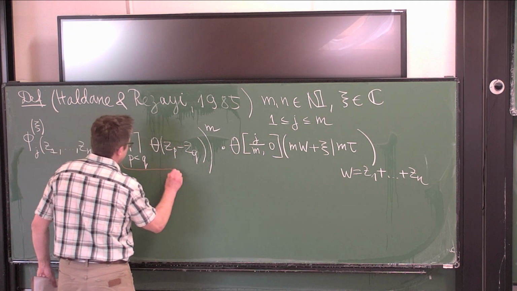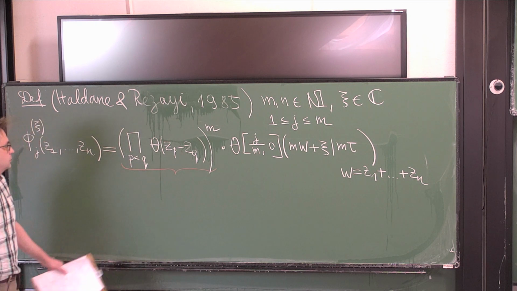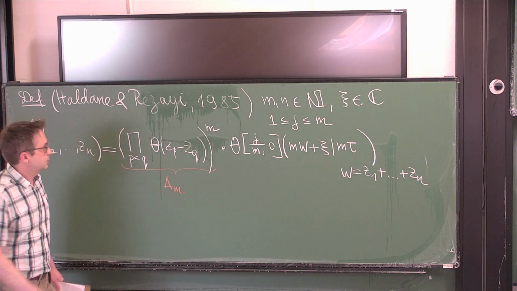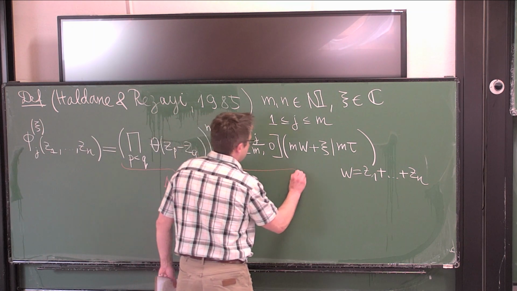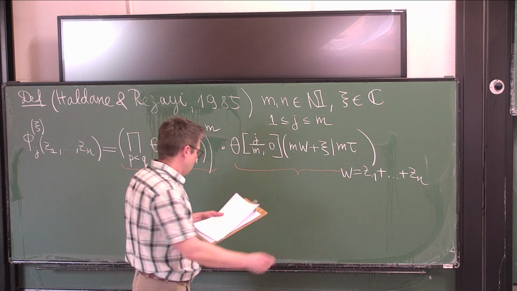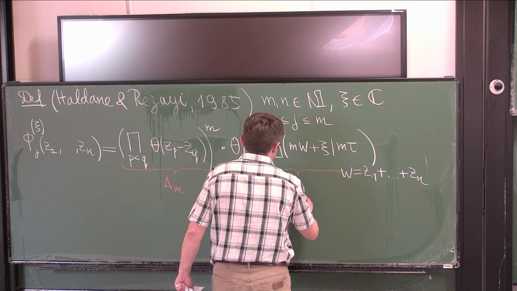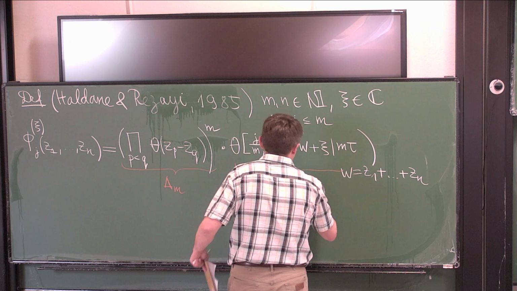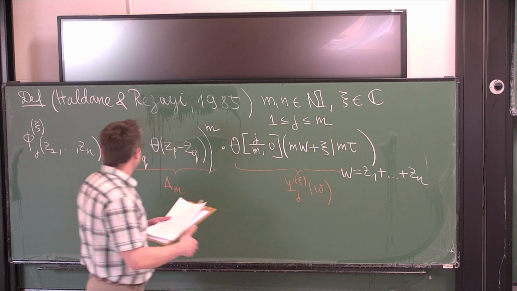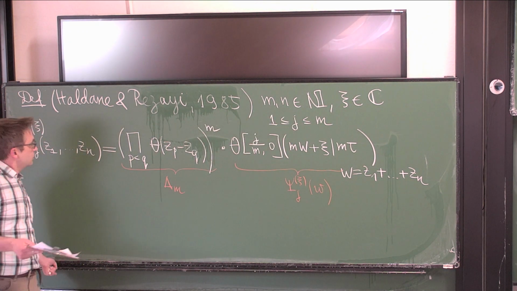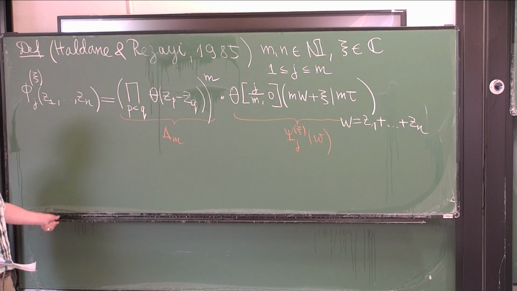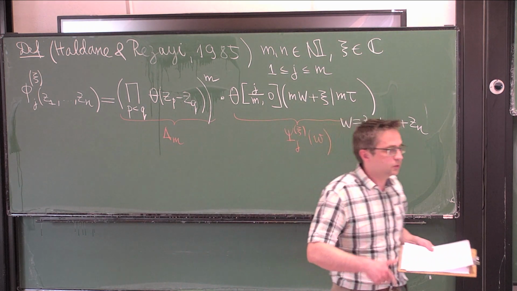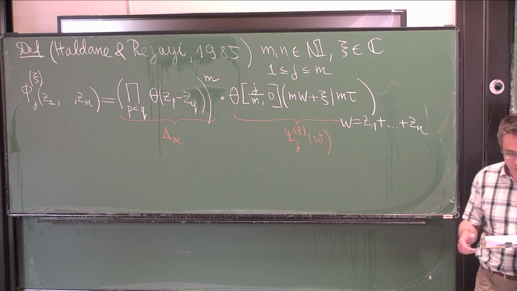For later reference, I would like to call the first term delta m, and this term I call psi j xi depending on W. This is a definition due to Haldane and Rezayi, which generalizes expressions for the Laughlin wave function.